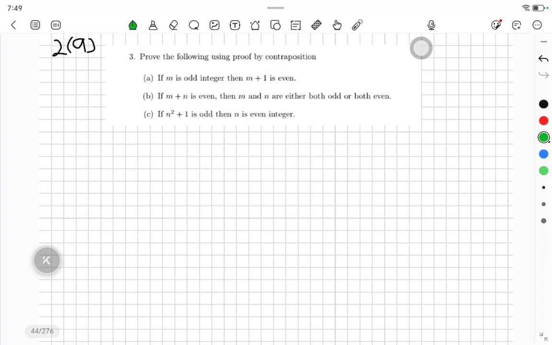So let's check. We're going to prove this. Prove A. I'm going to write proof first. Remember, this is how you prove. You write proof, then you assign your P, you assign your Q. Our P is this one: m is an odd integer. Then Q is m plus 1 is even.